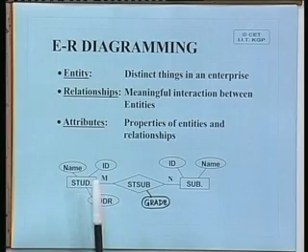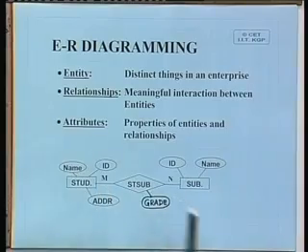Please remember, whenever later on we discuss things like normalization and other kind of things, we must be very clear about an entity and its attributes. These are two different things.